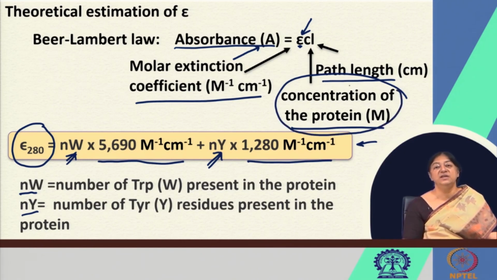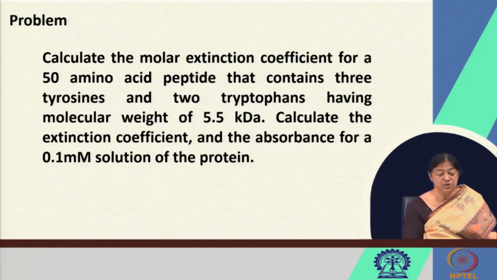This is a very important and very common calculation in any protein chemistry laboratory, because you have to determine the protein concentration in any experimental observation that you are going to make. So, let us look at a simple problem based on this.